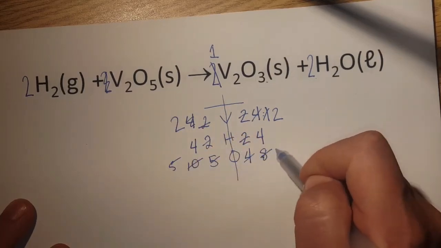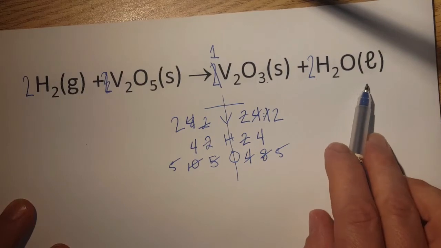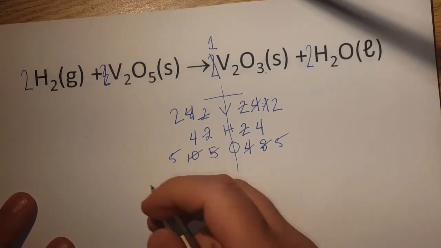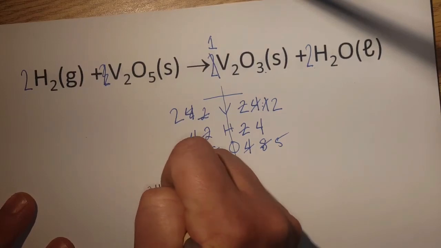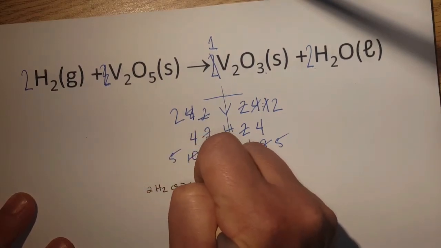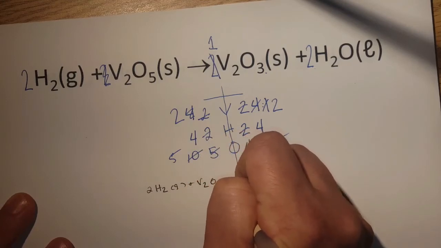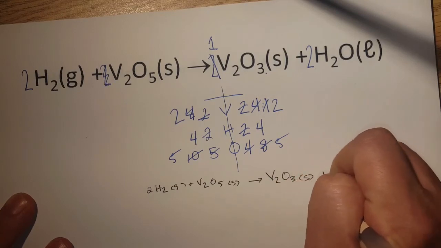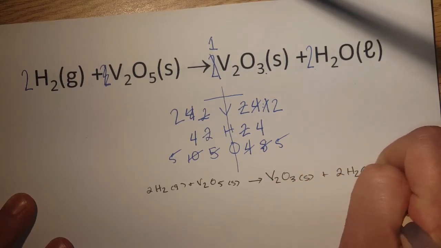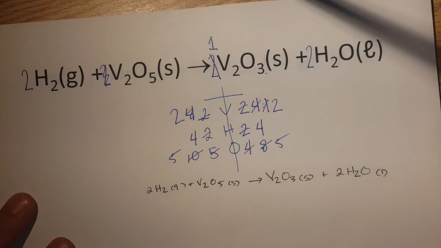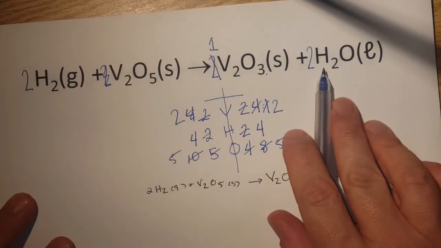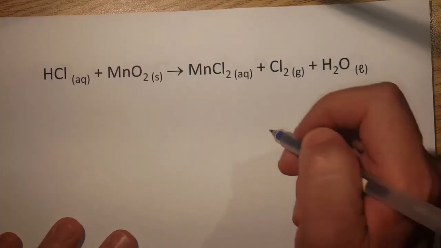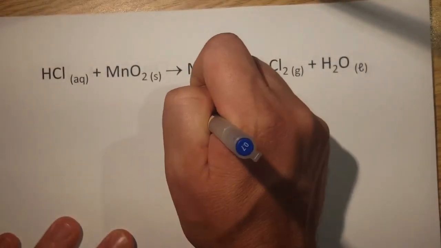So sometimes we make a first attempt to balance, and we don't get there. So as a result, this would be 2H2 gas plus B2O5 solid goes to form B2 solid plus 2. Sometimes when you try something, you'll see that it doesn't work, and so we have to go back and try again. So now let's take a look here, and again we're going to make our chart.